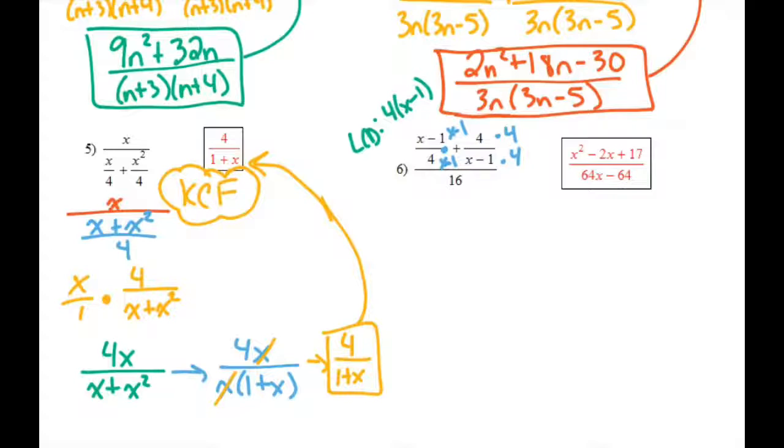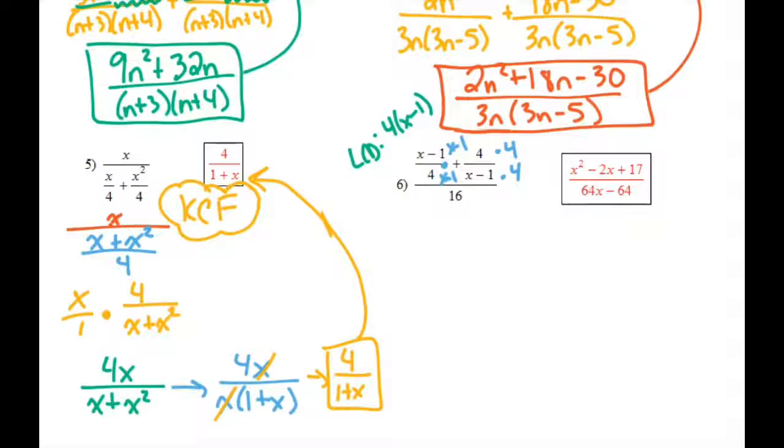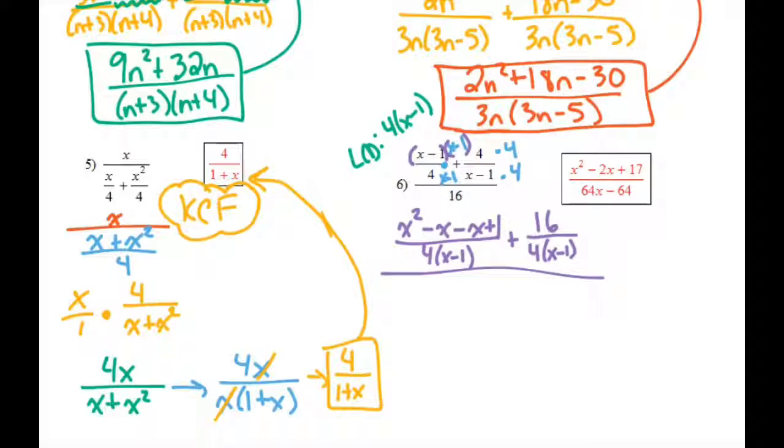So let's do that distribution. Remember, when I'm multiplying binomials like this, you want to keep them in parentheses, do all that distribution. So we get x squared minus x plus 1 over 4 times x minus 1 plus 16 over 4 times x minus 1. All over that big 16 in the bottom there.